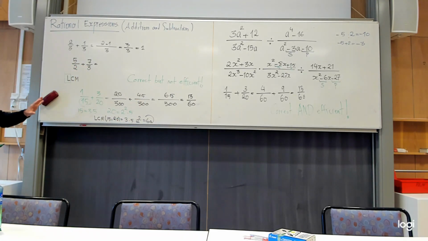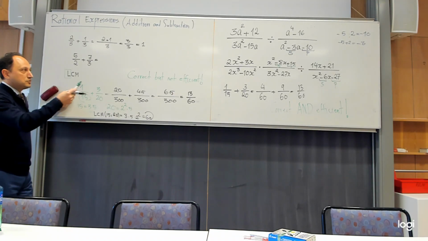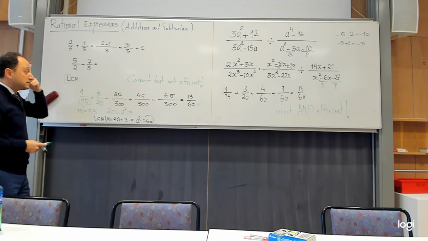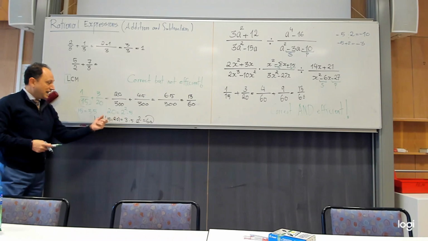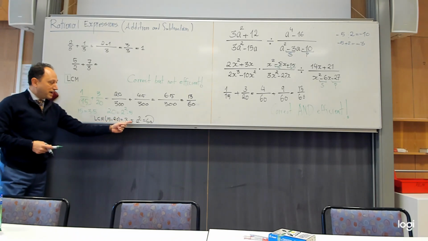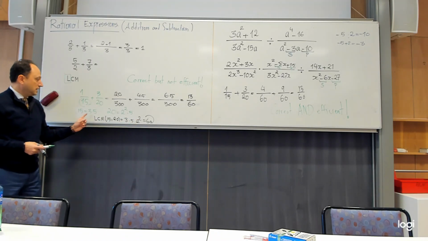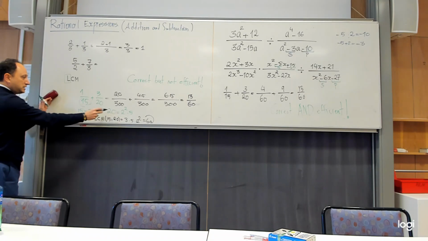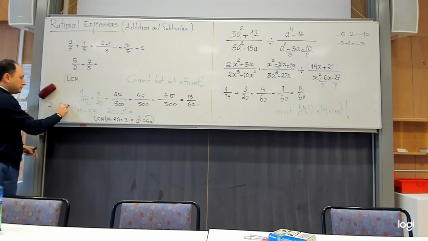But that's exactly the idea we want to transfer to the algebraic expressions. If I have algebraic expressions that I want to add, I have to factorize them and find the common factors with the highest power. So you see, if I ask you what factors you see in front of you, you see a factor of 2, a factor of 3, a factor of 5.